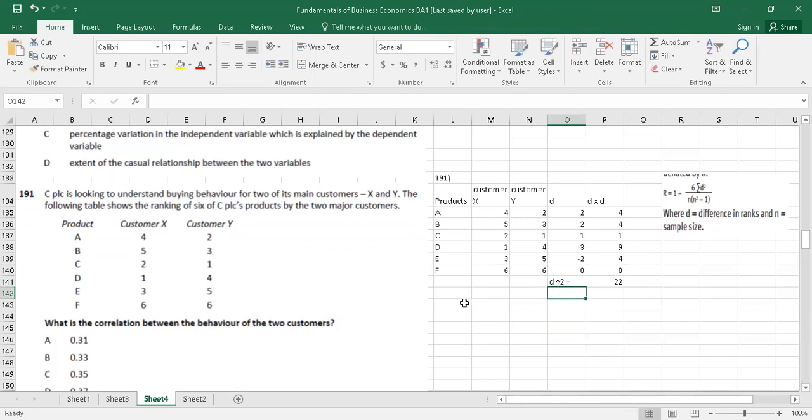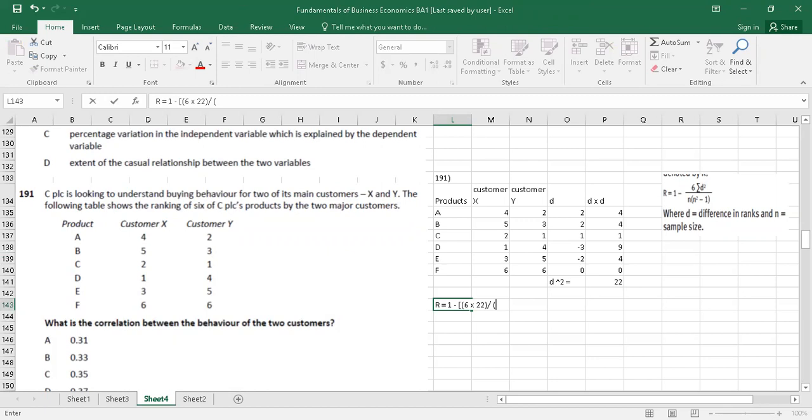So just substitute into the rank correlation: R is equal to 1 minus the entire fraction. In the numerator we have 6 into 22. The denominator has n, the number of items.